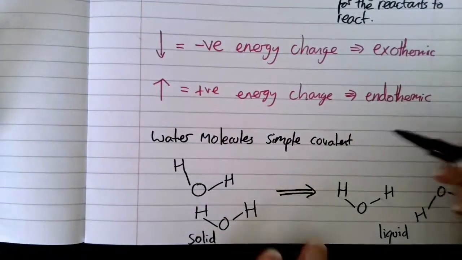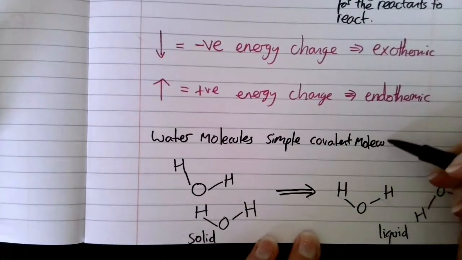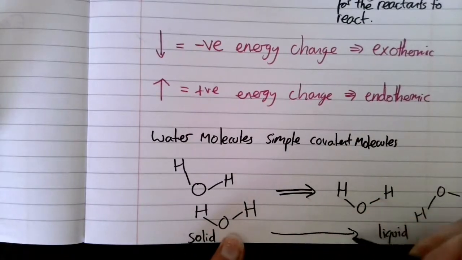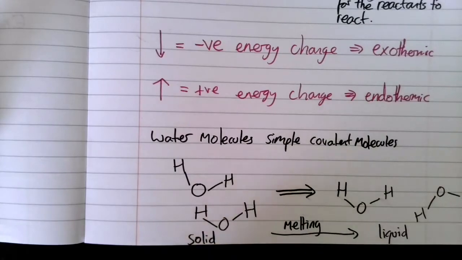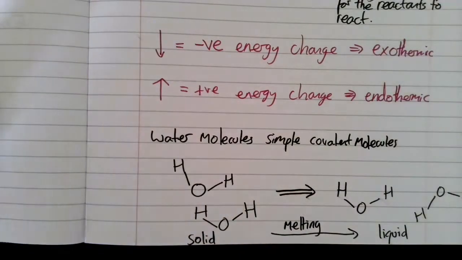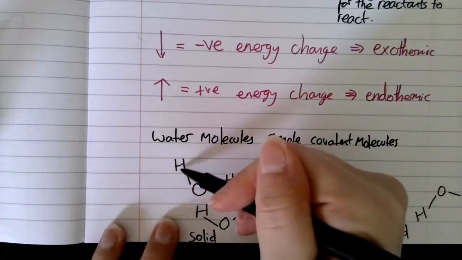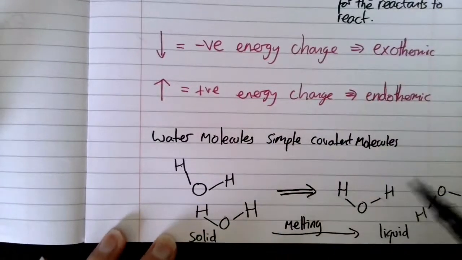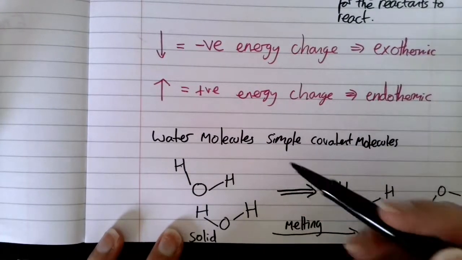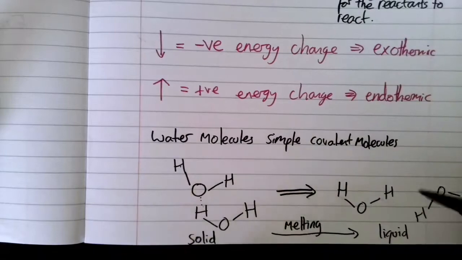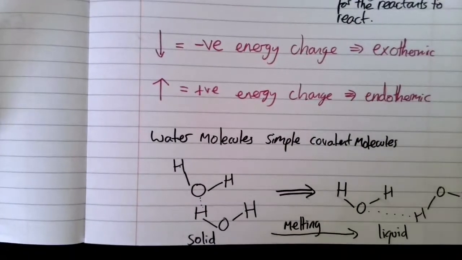So simple covalent molecules, when we're melting, what's happening to be overcome here? Because our covalent bonds between our hydrogen and oxygen atoms, they're not being broken. Instead, what we have is some intermolecular forces between our atoms on our different molecules.